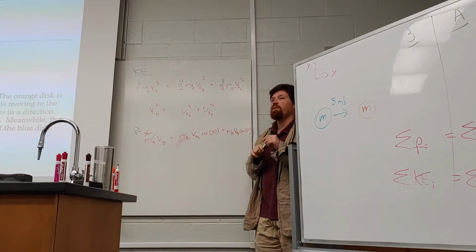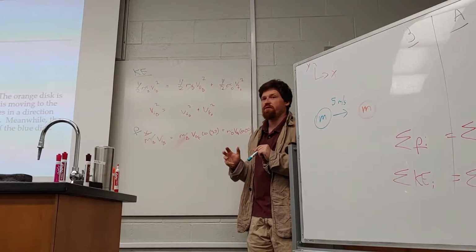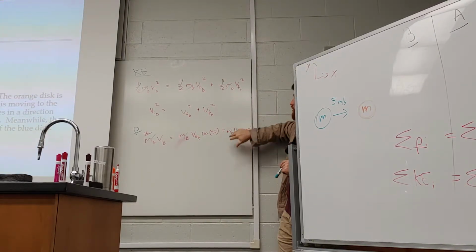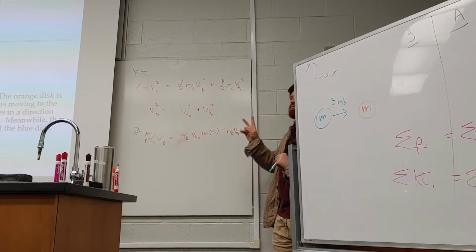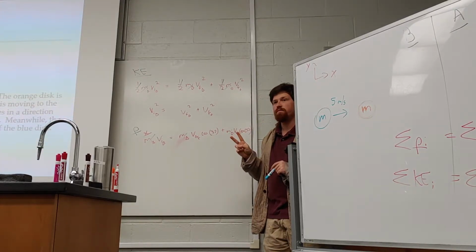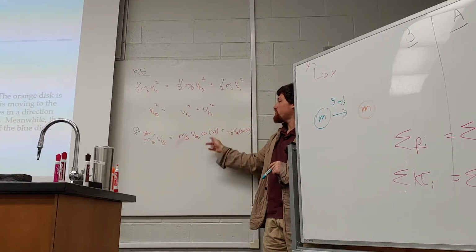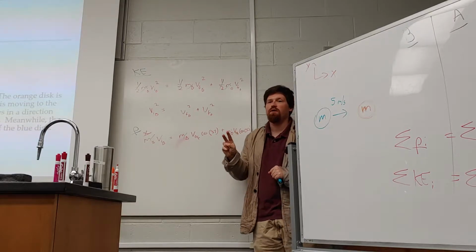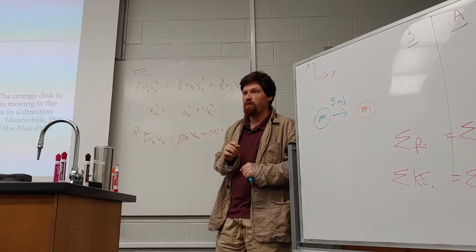So that's just examining the x-axis of the momentum. We now have two equations with the same two unknowns in them. So with these two equations, we can solve for both of our velocities, using two equations, two unknowns.